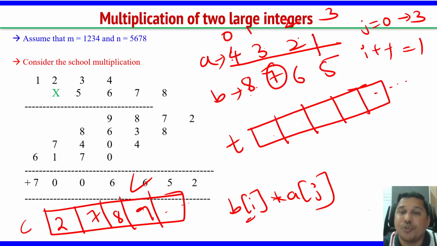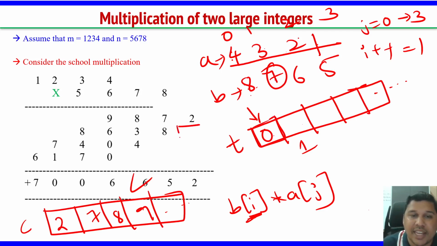So, 7 into 4. Previously i was 0, that is why you kept the first value in T of 0. When i has moved, in the second iteration you will start filling from 1, and you will leave this first position as 0.